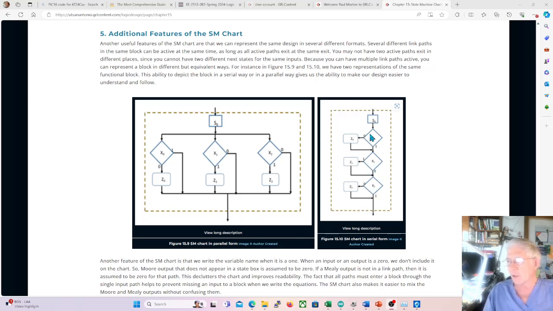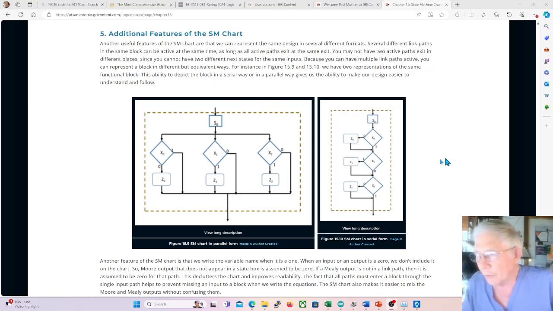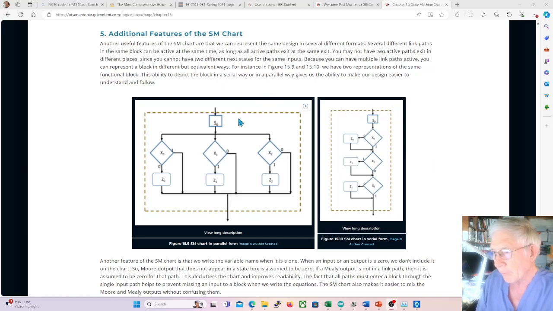Actually, let's say they're all 1, that's easier to remember. So we start in S0, and x0 is a 1, so you take this path. You will not have a Mealy output z0 equals 1. It'll be 0 because there's no conditional output box on that path. And then it exits here.